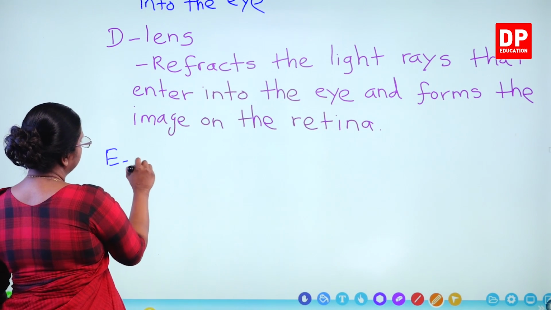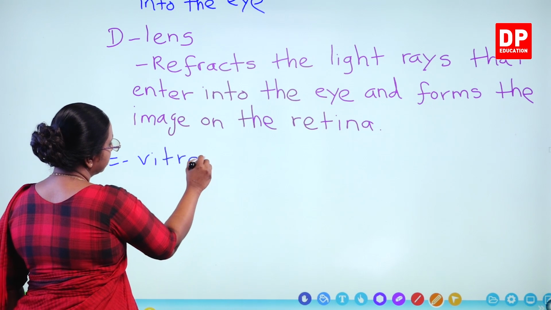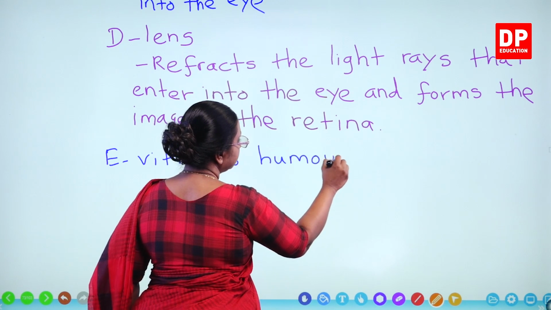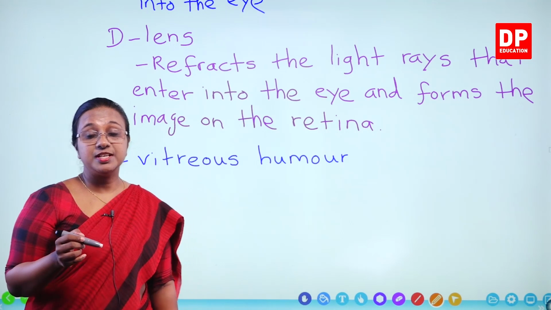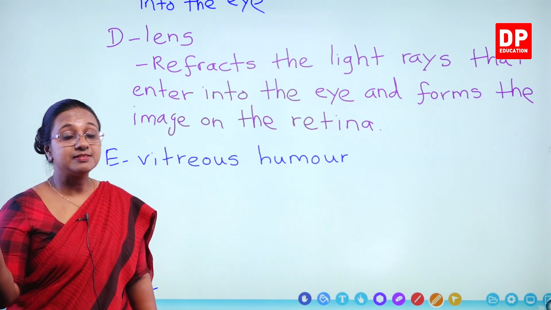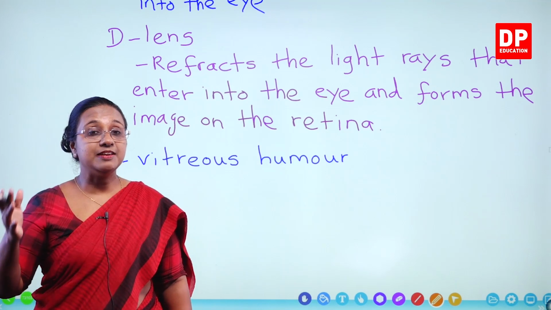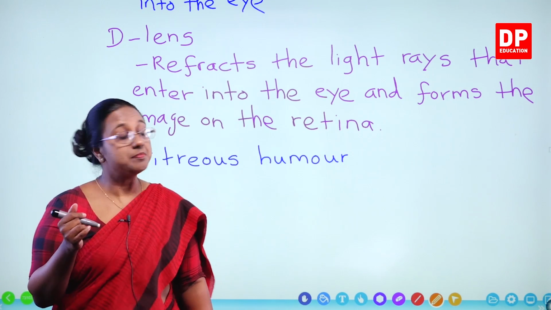Now I have to write for E, vitreous humor. And what is the function of the vitreous humor? It fills up the space between the lens and the retina and it gives a shape to the eyeball.